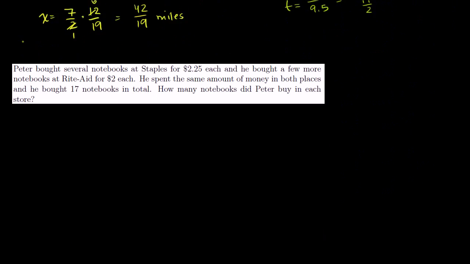Next problem. Peter bought several notebooks at Staples for $2.25, and he bought a few more notebooks at Rite Aid for $2 each. He spent the same amount of money in both places, and he bought 17 notebooks in total. How many notebooks did he buy in each store? So let's define some variables.